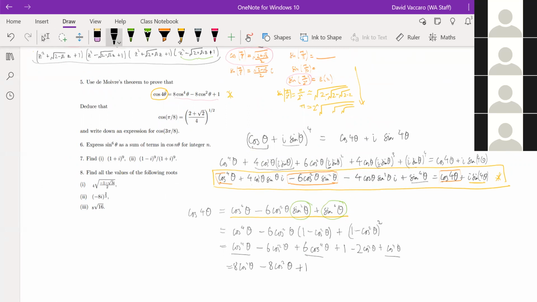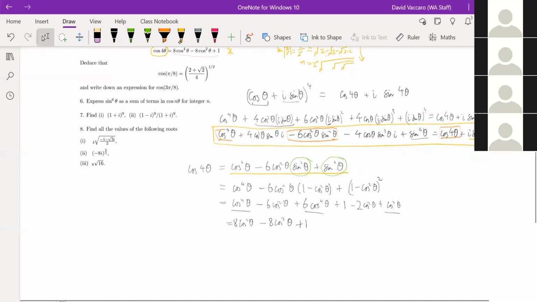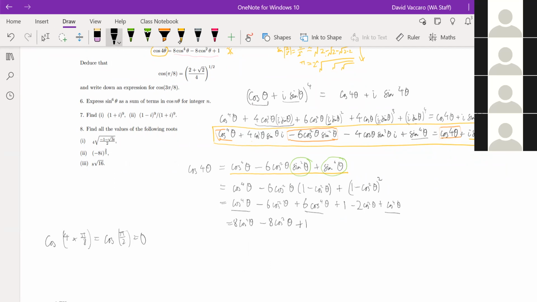It now says deduce that cos of pi over 8 is this. Well, cos of 4 times pi over 8 is the same as cos of pi over 2, which is 0.